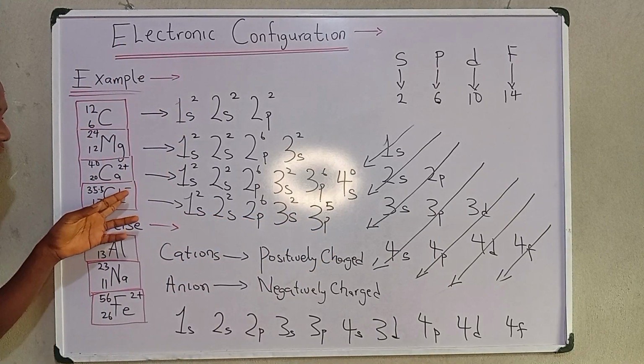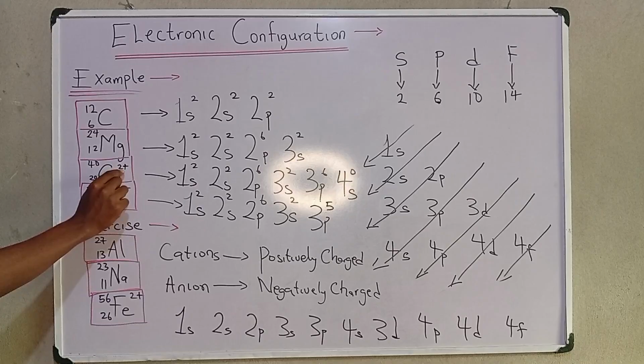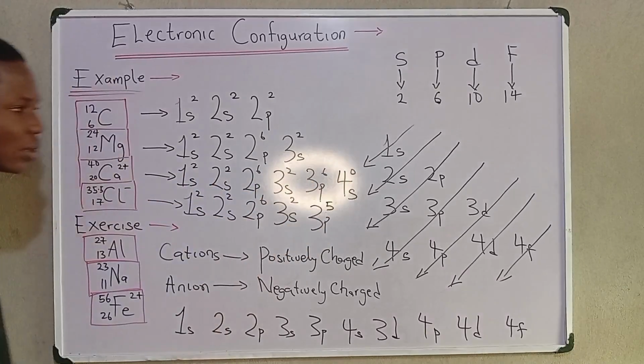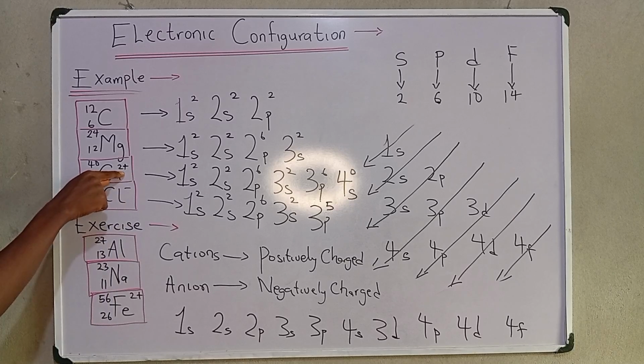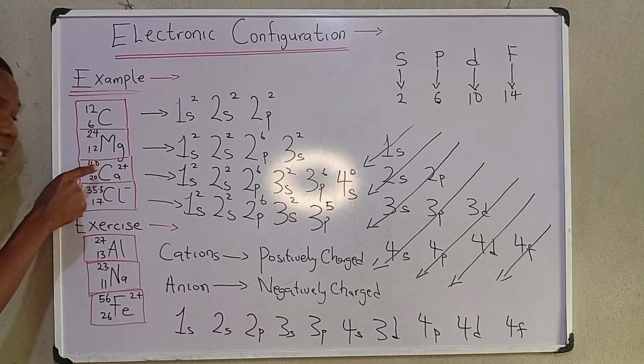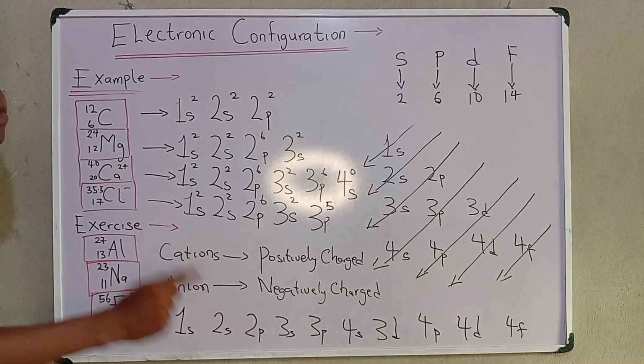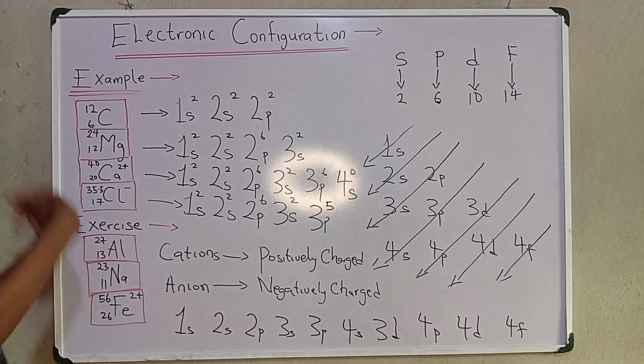For a negatively charged chlorine, which is an anion, remember in the previous case, what did we do? We removed electrons because it is lacking electrons by 2, right? Here now, it is no longer lacking electrons because the proton reduced and the electrons are much in number.